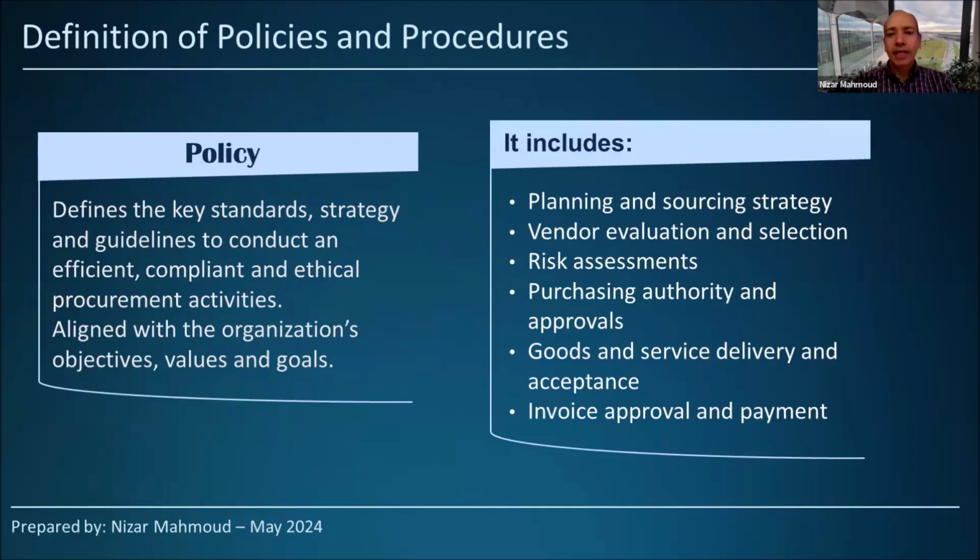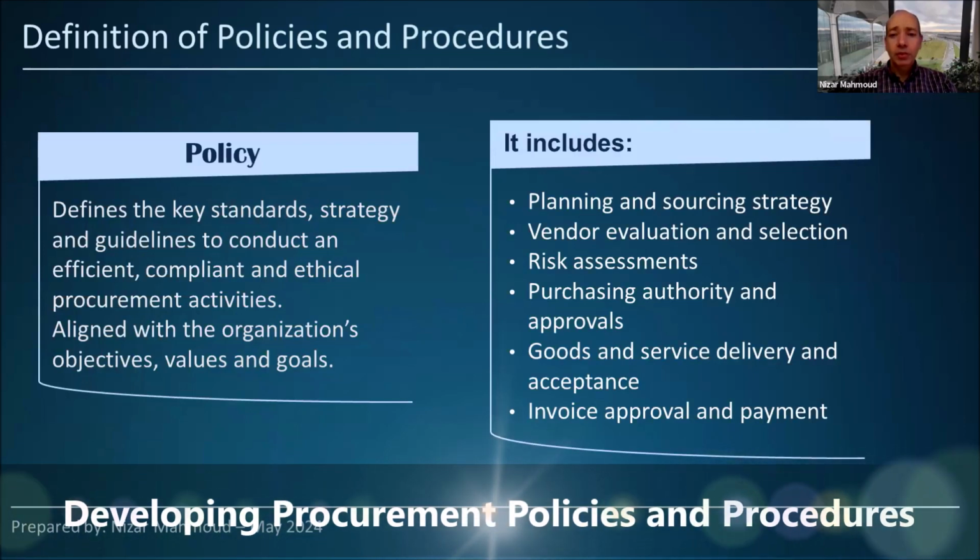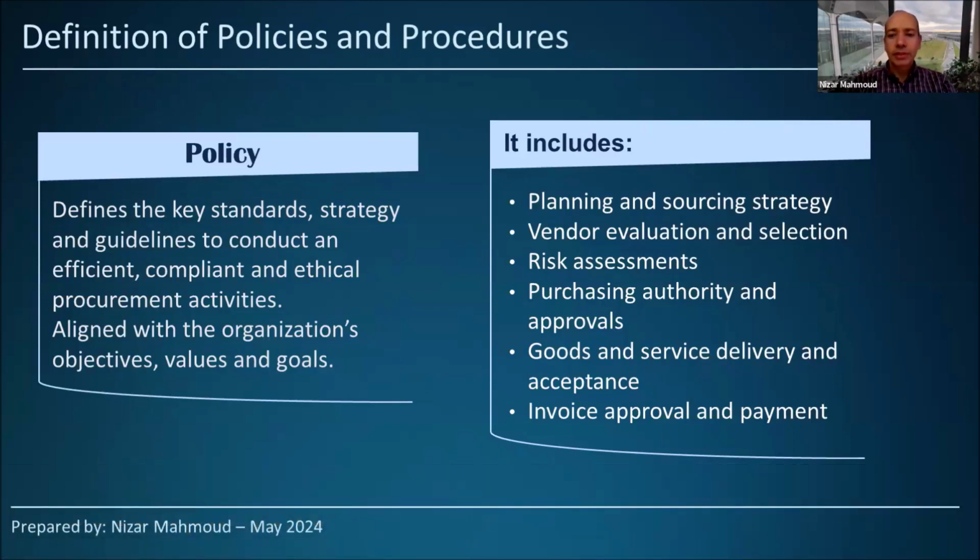It's how the planning and sourcing strategy works, how we choose vendors, as a general guideline or outline, based on what, and it shows the risk assessment that the company is doing, the purchasing authorities, who can approve what, to which limit, and how the goods and services are received and accepted, also as a general guideline, and how invoices are paid. So as you can see, it's not just procurement, it's the complete cycle, which all the departments should be involved in.